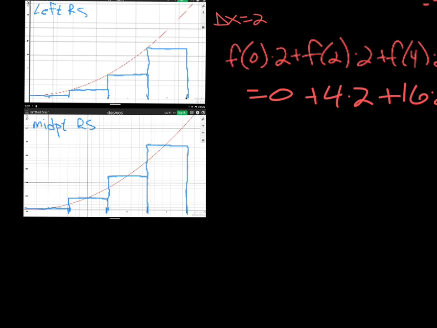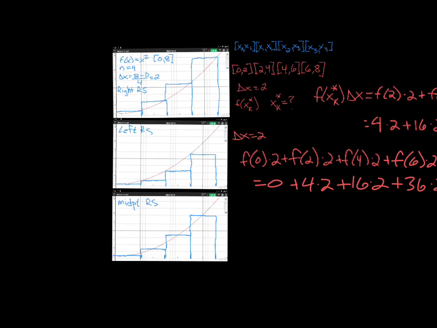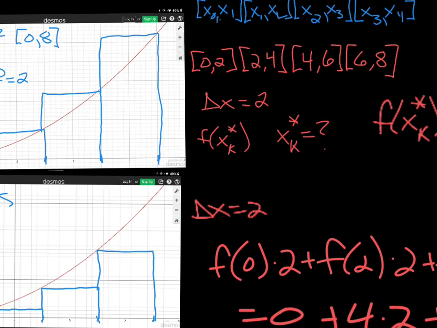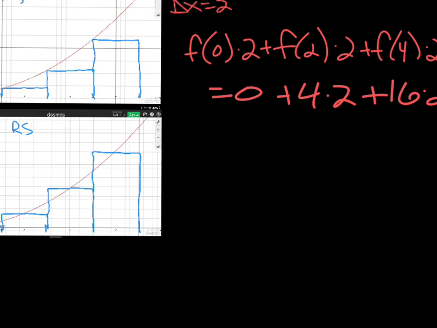But what we're going to have to do is take the midpoint of all of these intervals. Okay, so then the value that we're plugging into our function to get the height is going to be 1, 3, 5, and 7. But we're going to treat it the same way. And our width is identical. Okay, so our width is still going to be 2.